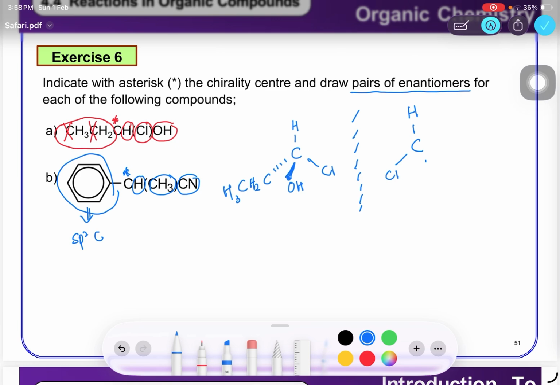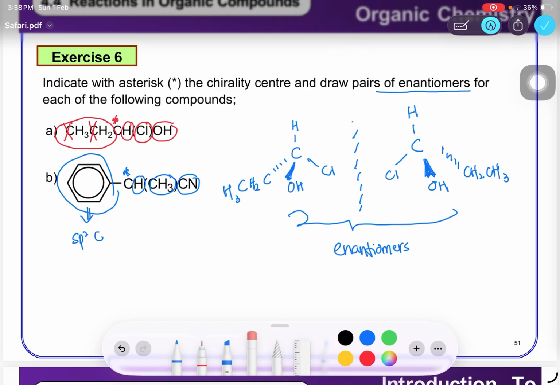From here is the Cl, and here will be the hydroxyl group, and the last one will be the CH2CH3. So most important, we need to label these two as enantiomers. And this one here is referred to as the mirror. So you can label it as mirror. Okay, that's all for enantiomers.